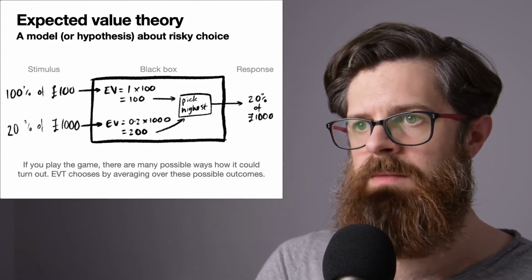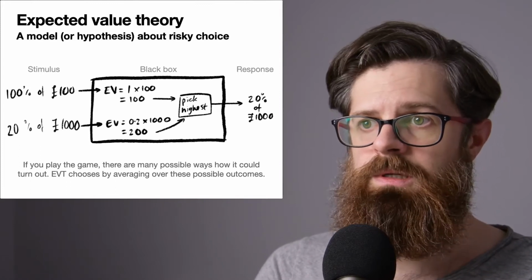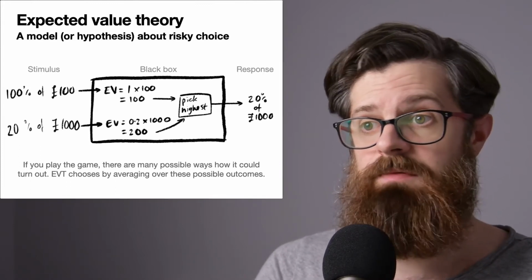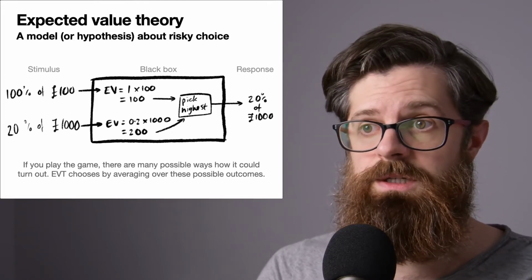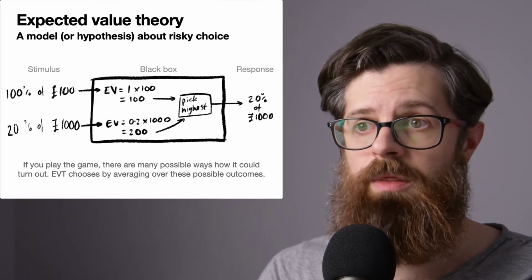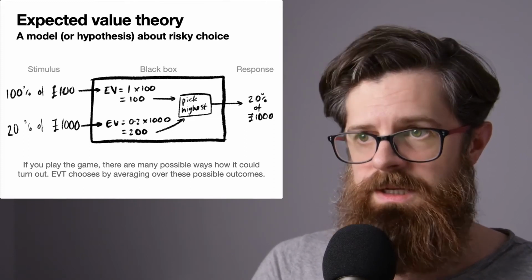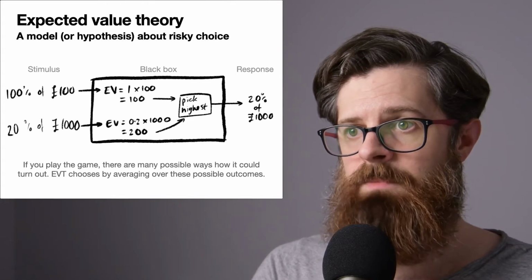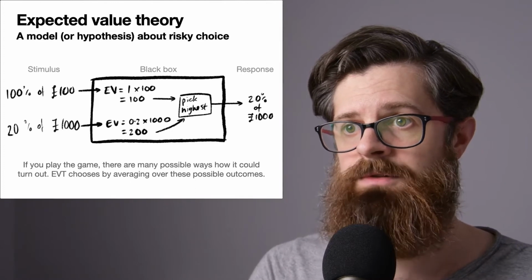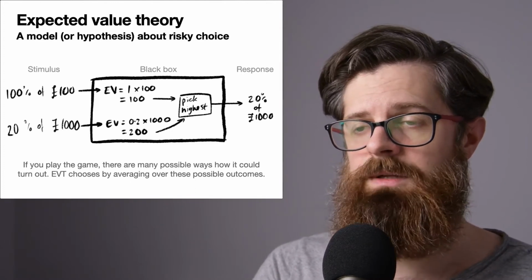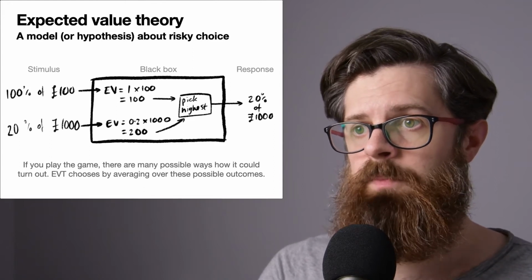You might either win £1,000, and there's a 20% chance of that happening, but that means there's an 80% chance of you not winning £1,000. Any single time you play the game, therefore, you would either get £0 or £1,000. And these are the possibilities.